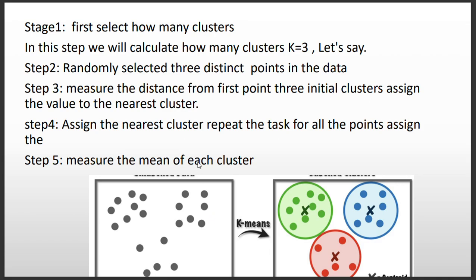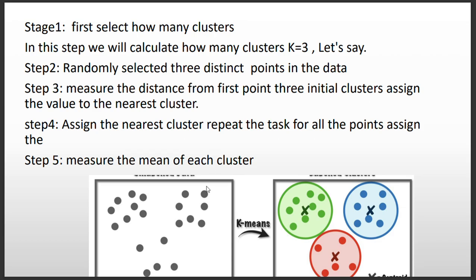Likewise, we assign these values by measuring the Euclidean distance to the clusters and assigning each point to the nearest cluster. Repeat the task for all the points by measuring the distance of the points.